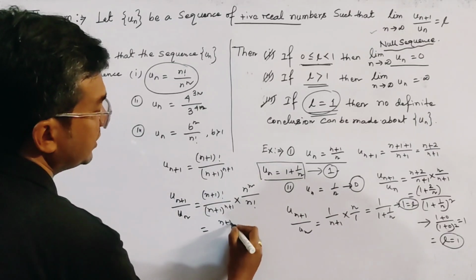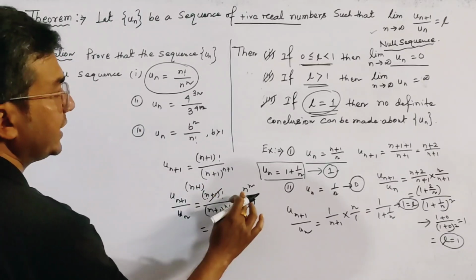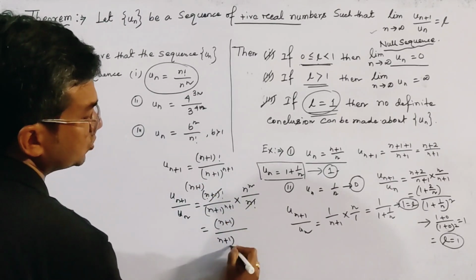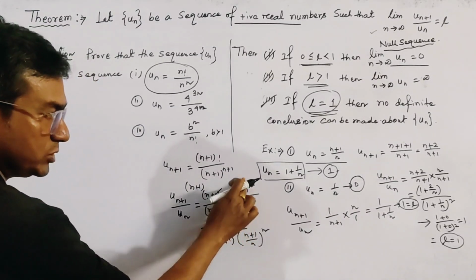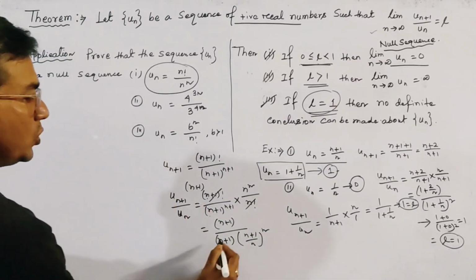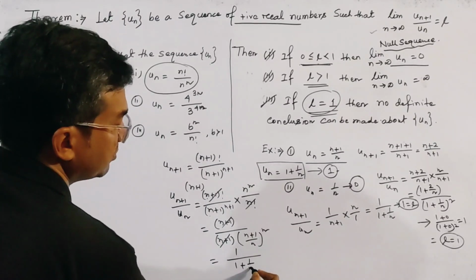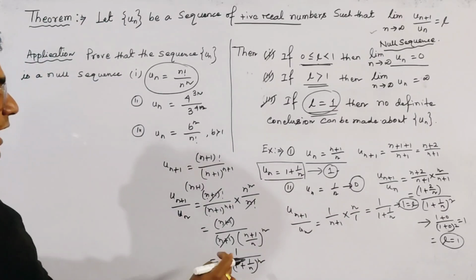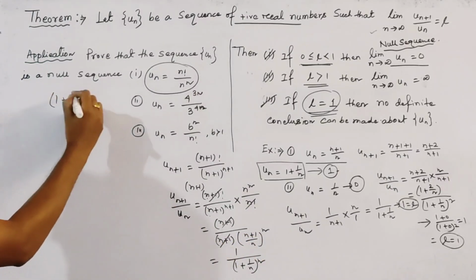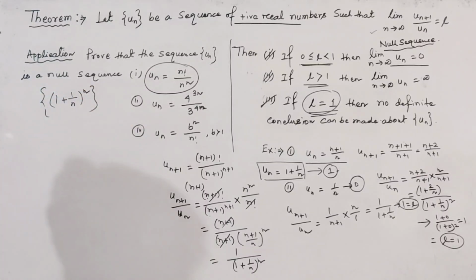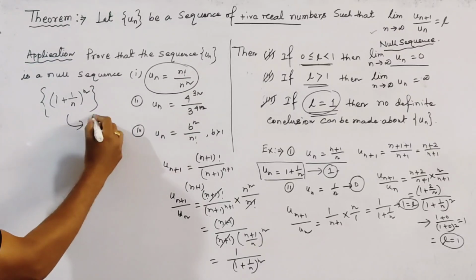So we get n plus 1, this cancels out, the remaining term is n plus 1, and this is given by (n plus 1) into (n plus 1) by n to the power n. We divide n to the power n in the lower term. So n plus 1 cancels out, and we get the value as 1 by (1 plus 1 by n) to the power n. And we know that 1 plus 1 by n to the power n is a very popular sequence, and its limit is e.